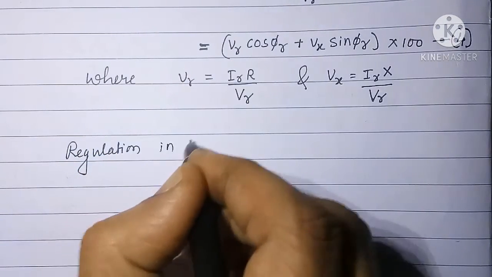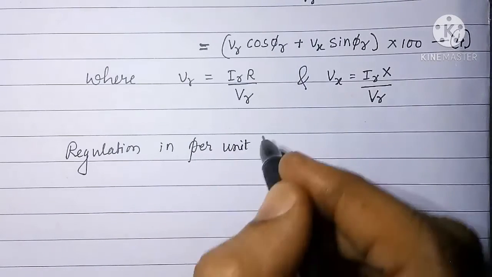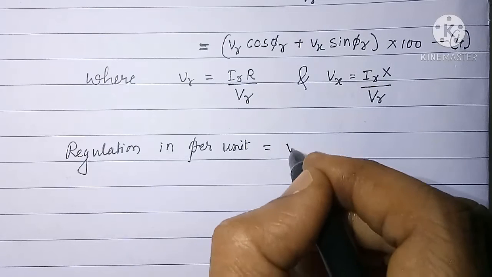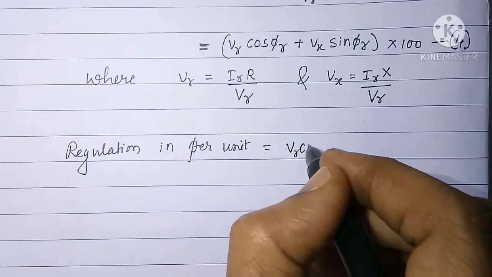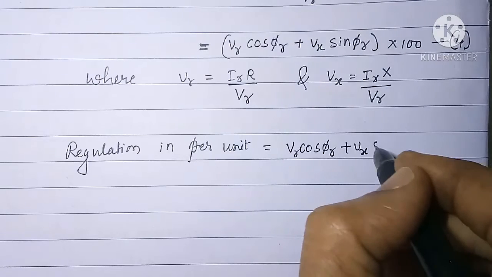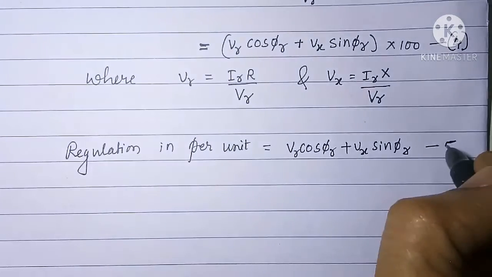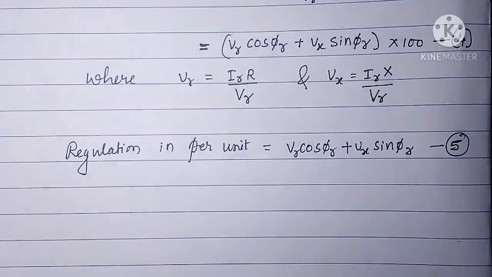Regulation in per unit is equal to Vr cos phi r plus Vx sin phi r. Let us call this equation 5.